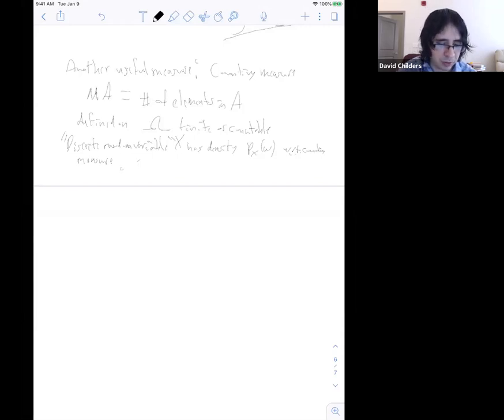And we call the density the probability distribution or probability mass function, sometimes abbreviated PMF.